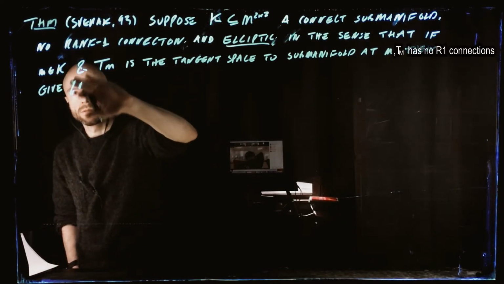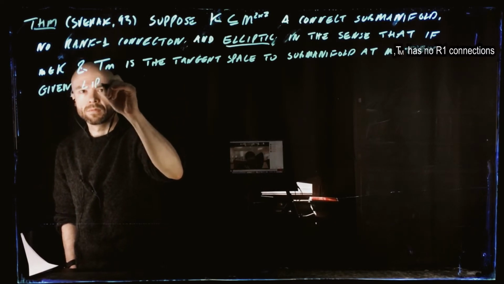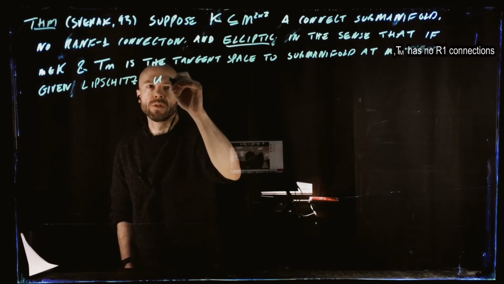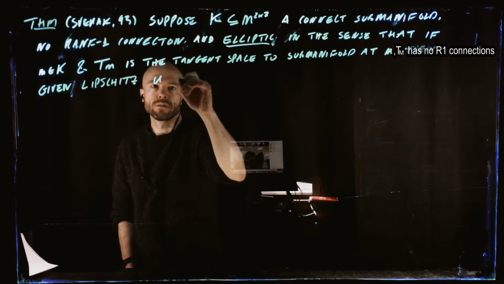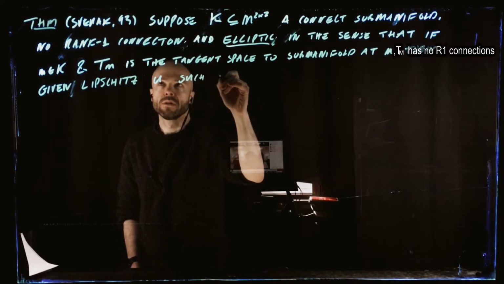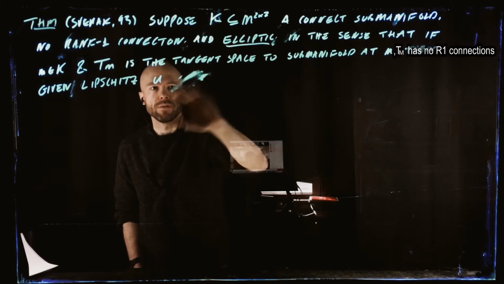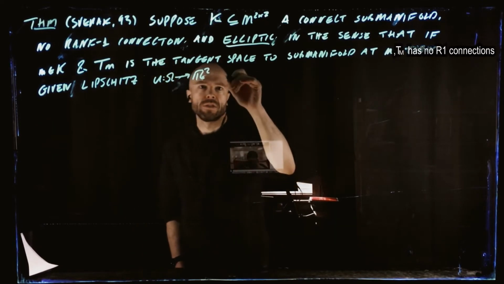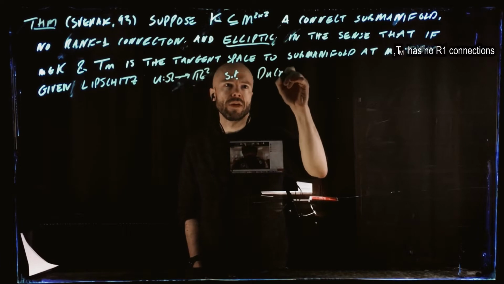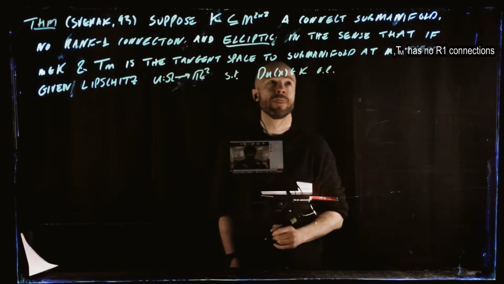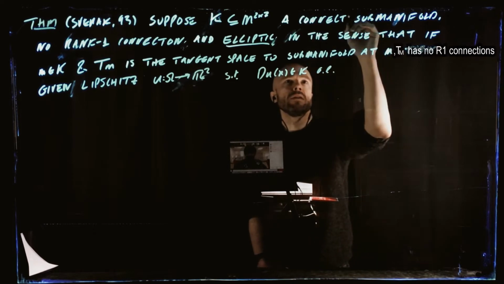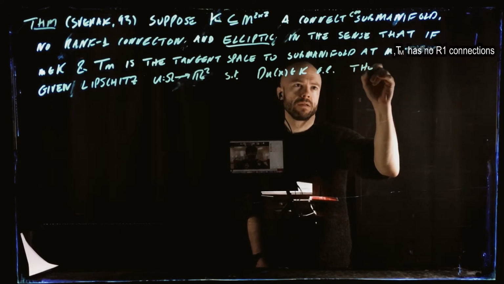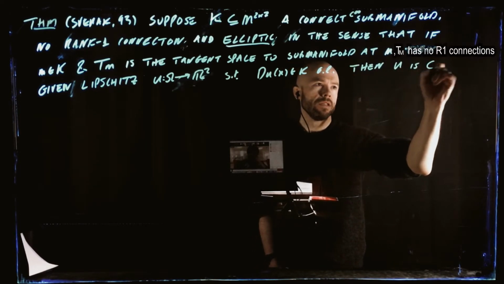Lipschitz u, actually just let me add that it's going from Omega into R^2, such that u(x) belongs to K almost everywhere, connected, let's do C infinity submanifold, then u is C infinity.